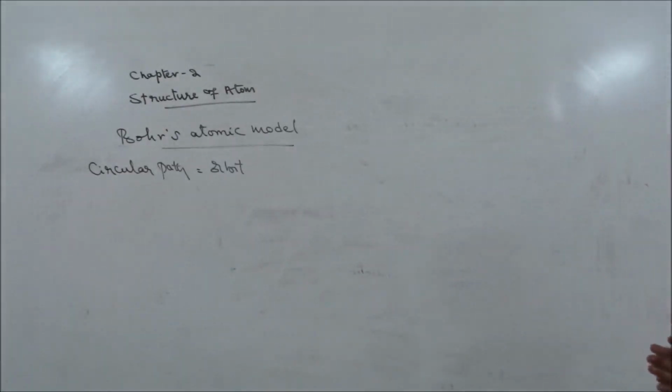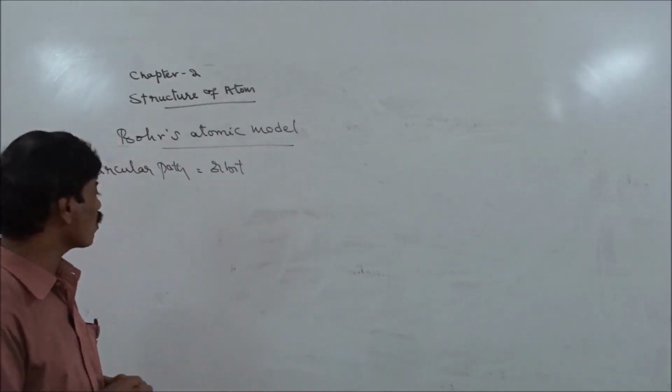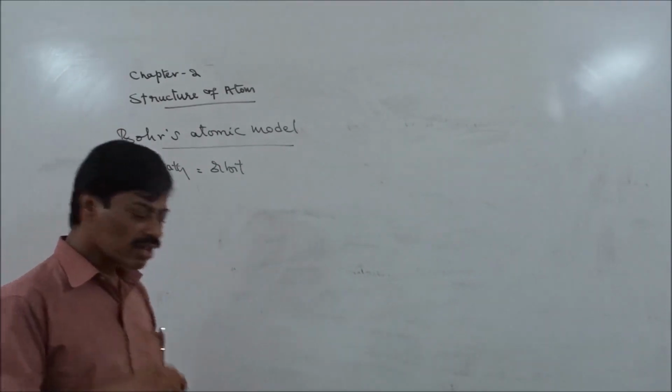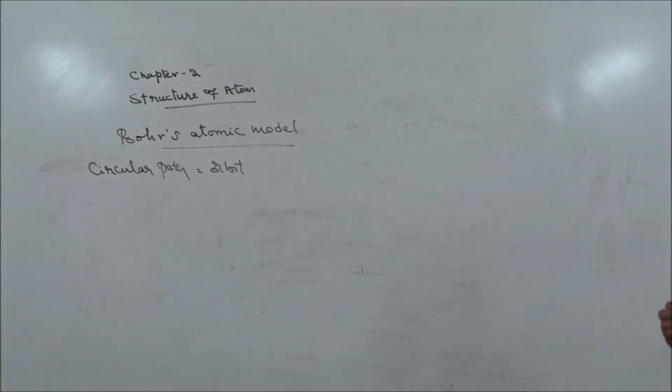Right. And according to Niels Bohr, when an atom like hydrogen is taken, hydrogen is the simplest atom with a single electron and single proton, no neutron at all. When hydrogen gas is taken, hydrogen gas is made up of hydrogen molecules, meaning H2 molecules.